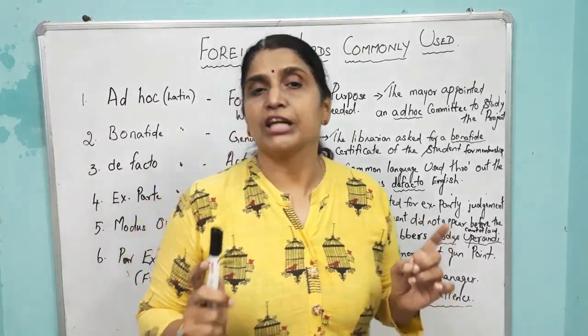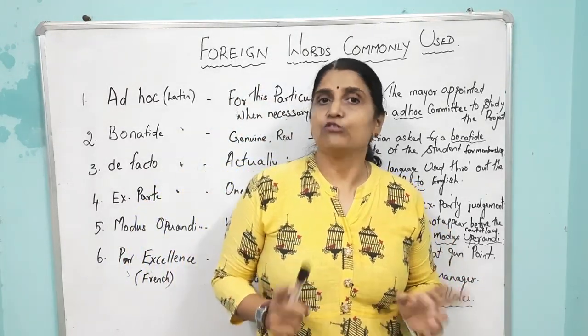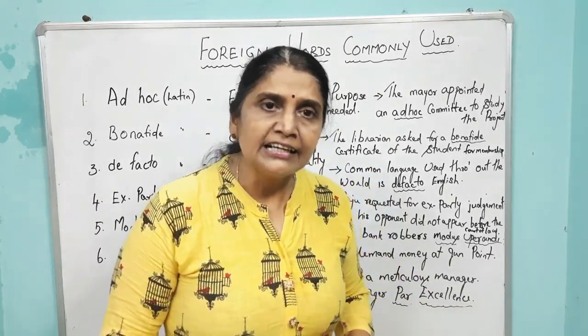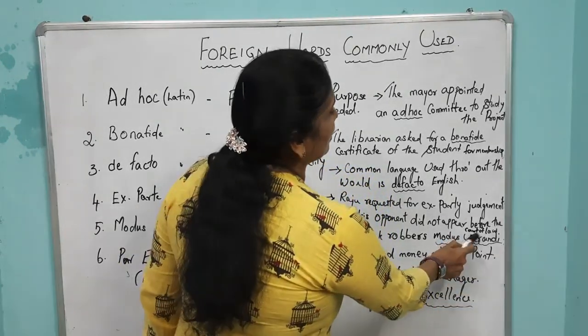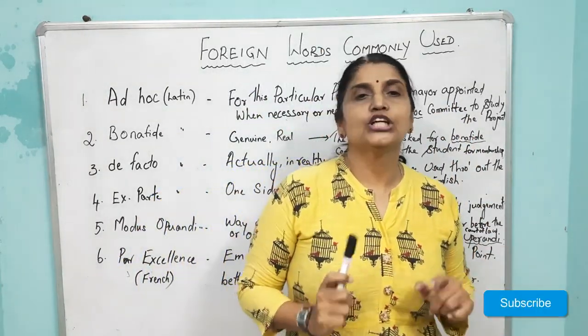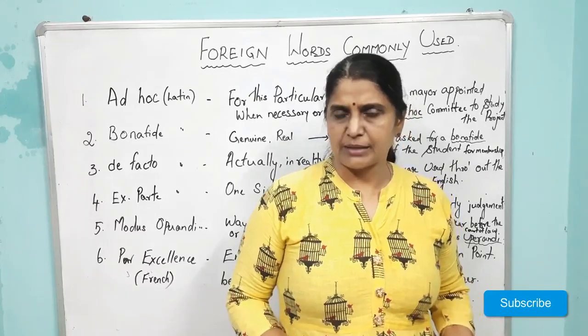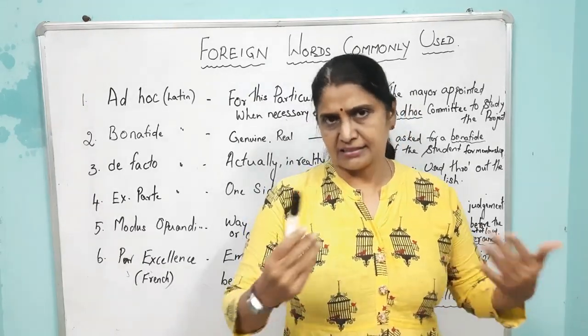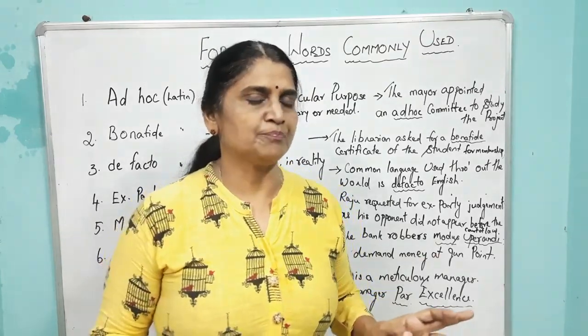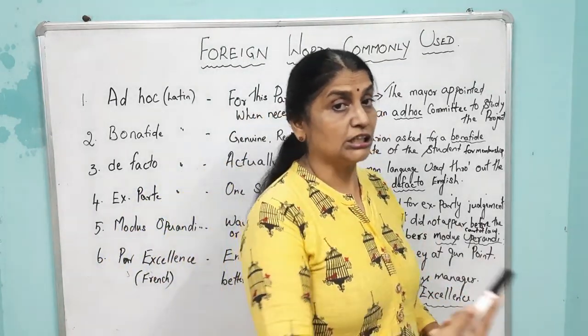Suppose there are two individuals applying for divorce, both husband and wife. They have filed a case in the court of law. Now, the husband is appearing before the court 3 times, 4 times, 5 times, whenever they get the call from the court. But the wife is not turning up.